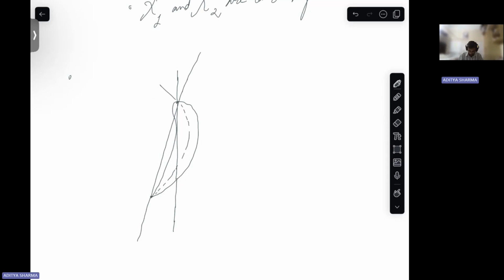This is your tangent to the camber. Then we have angles defined.